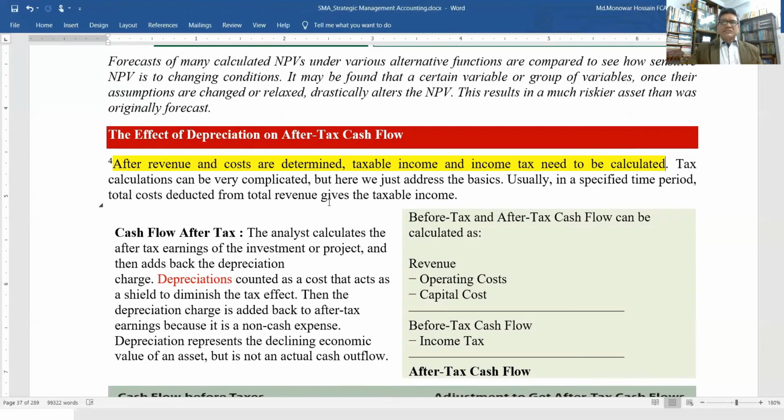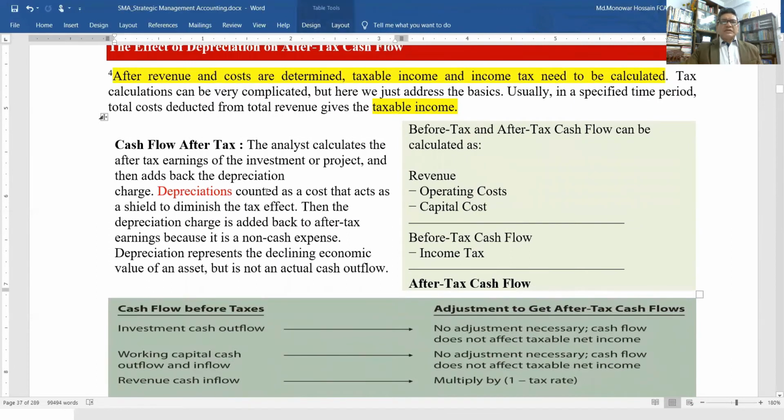Usually, in a specified time period, total cost deducted from total revenue gives the taxable income. So for cash flow after tax, the analyst calculates the after-tax earnings of the investment project and then adds back the depreciation charge. Depreciation is counted as a cost that acts as a shield, diminishing the tax effect.